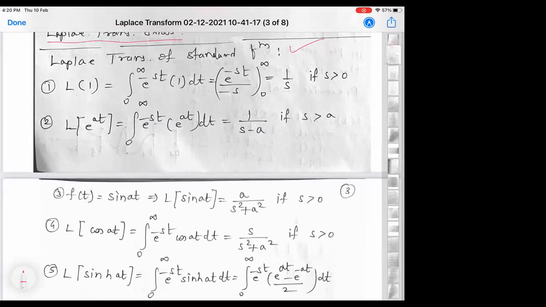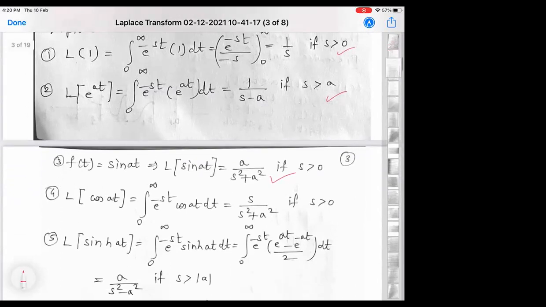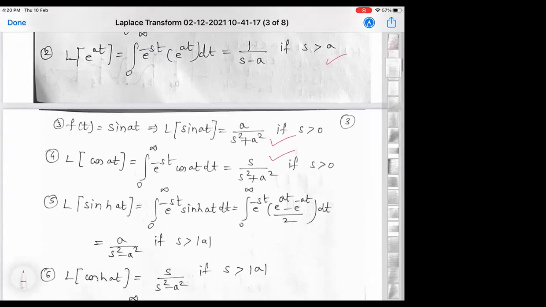The first three I have already shown you. This is the second one. The third one is the sine function. The fourth one is for the cosine function. Up to this, I have shown you how the results come with the help of the integration formula and putting the limits.